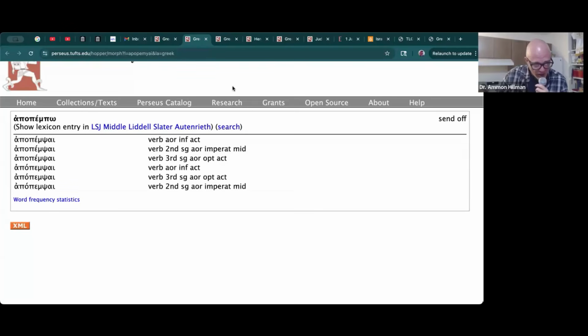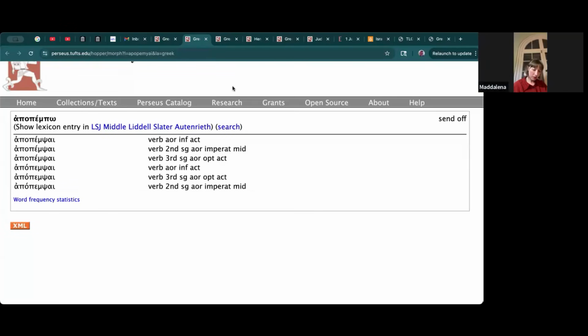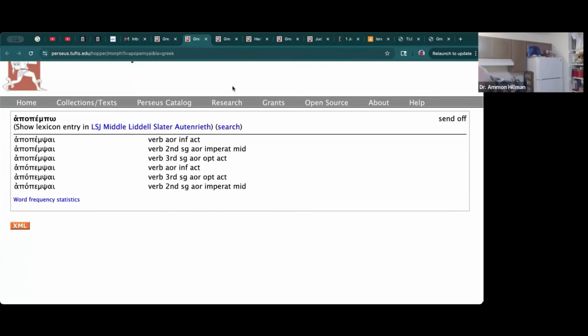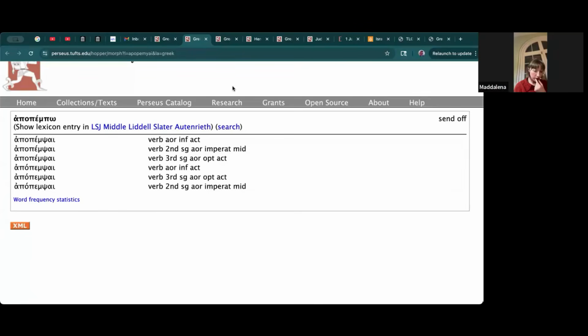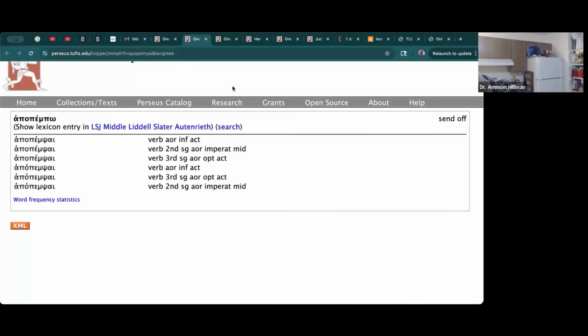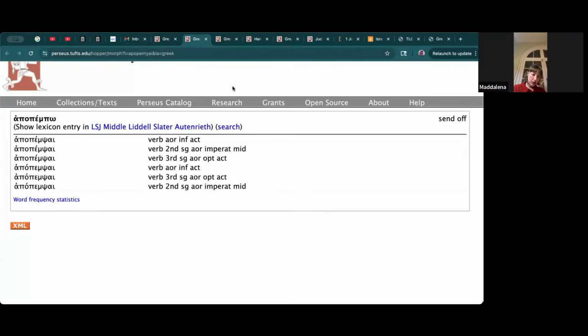There it is. Second singular aorist imperative middle. Do it in the middling voice. Have them educated for themselves. You know what I mean? It's second singular, so hey, you.